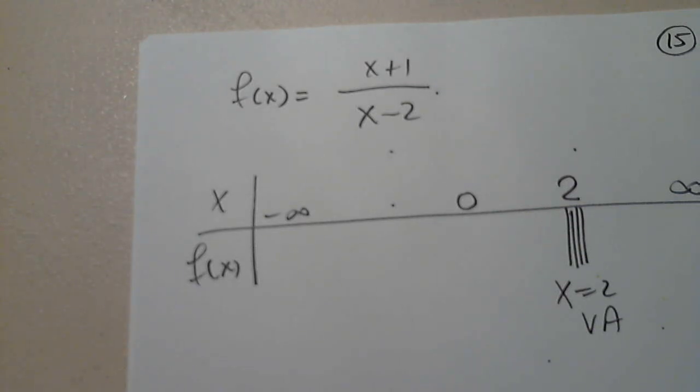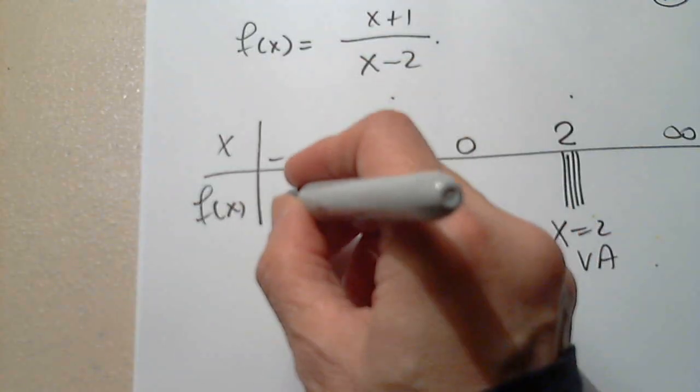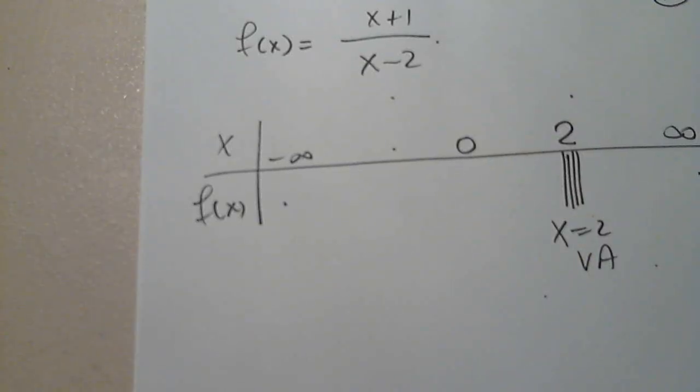Good. Now, what is the horizontal asymptote for this function? What type is it? We looked at 3 types, type 1, type 2, and type 3. And we know how we determine the horizontal asymptote for type 1 and type 2, and type 3 has slant, does not have horizontal.